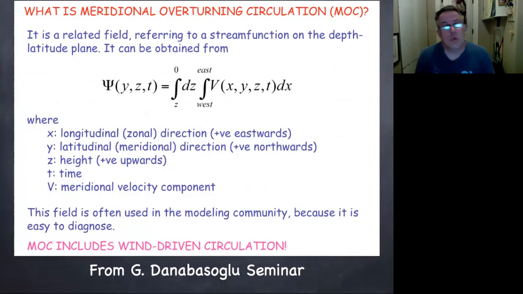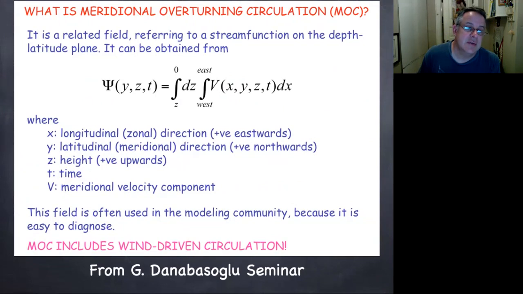Okay, so meridional overturning circulation as opposed to thermohaline circulation is really a mathematical term, because we can just integrate the northward transport in the zonal direction and with depth, and make ourselves a stream function. This stream function is a volumetric stream function. So if we take its derivative with respect to z, we get the v dx.